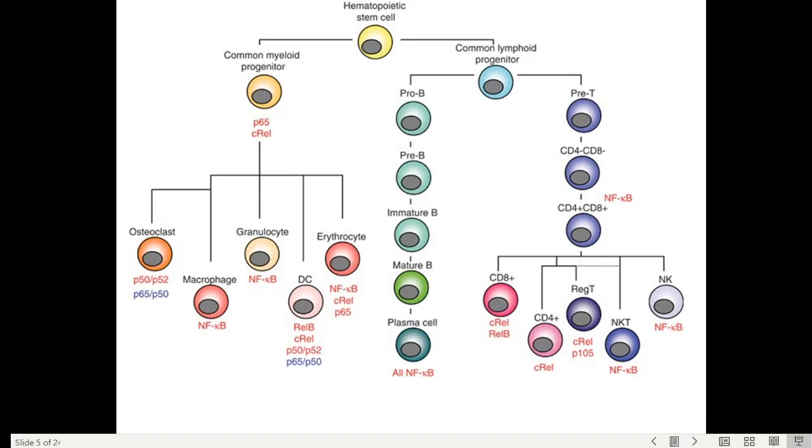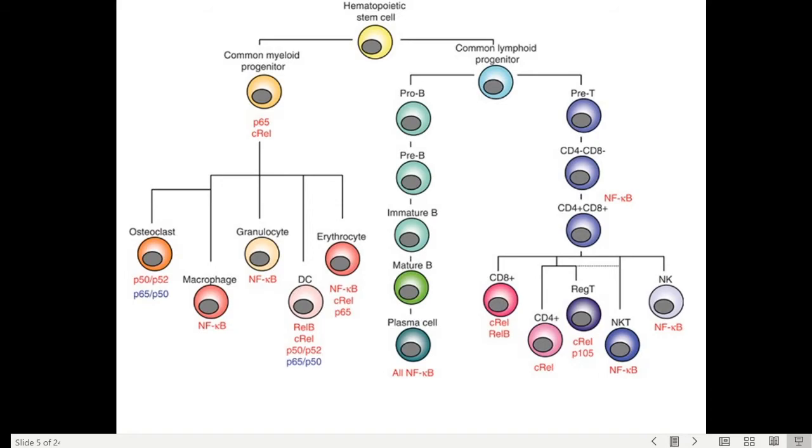This NF Kappa-B activity is explained based on our hematopoietic cells, that is common myeloid cells and progenitor cells. Okay, the myeloid cells are activated by the P65 and the CREL gene. These two genes help in activating the upcoming cells.